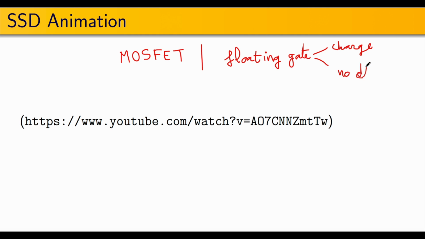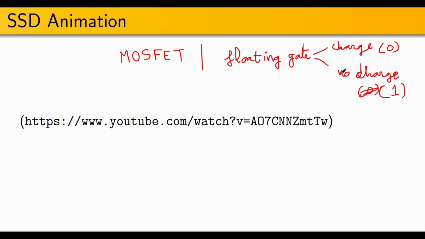No charge is what we call the state 1. Like down magnetization was 1, here no charge is considered the state 1, and if it is charged it is called the zero state.